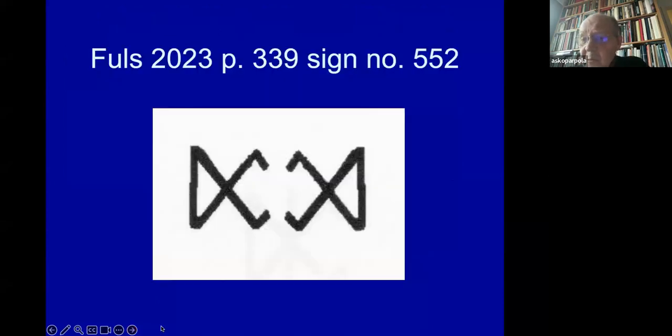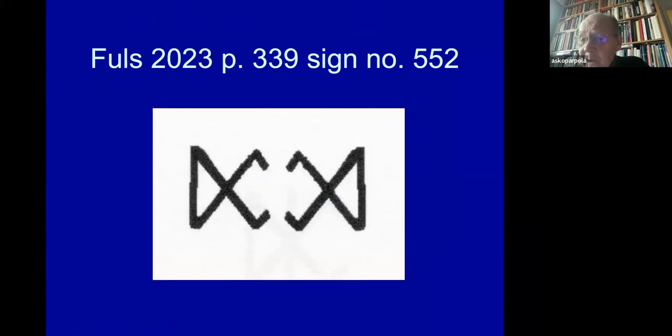I object to Wells's identifying as one grapheme doubled occurrences of one sign. In many languages, repetition of a word or morpheme can denote plurality, intensification, or some other meaning.